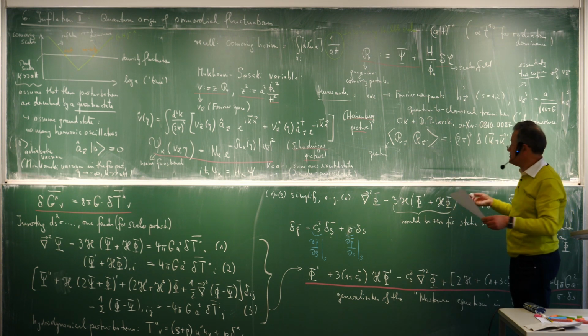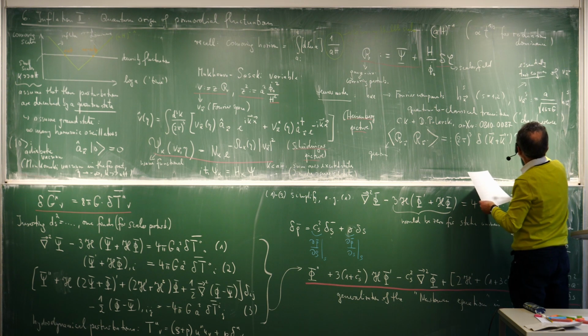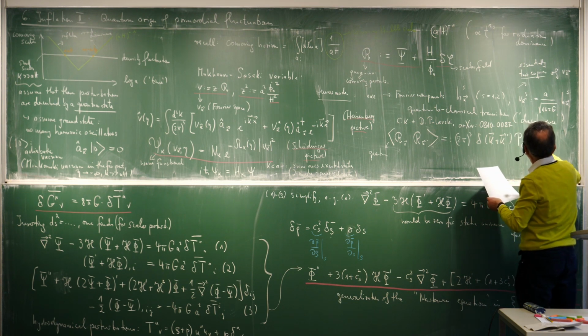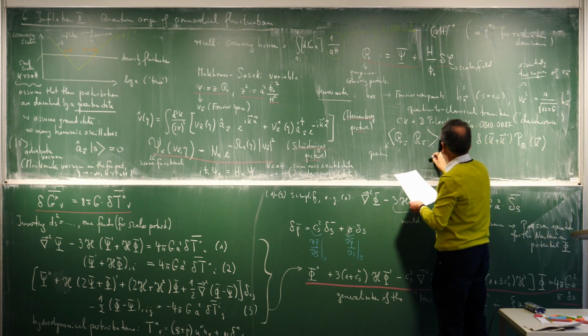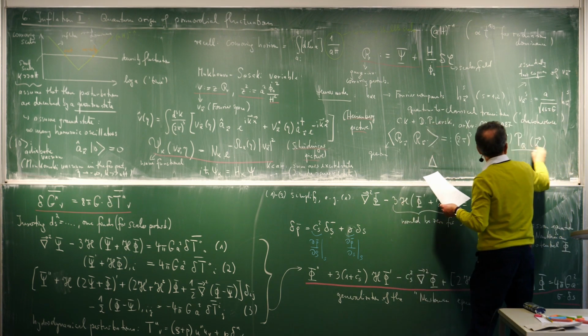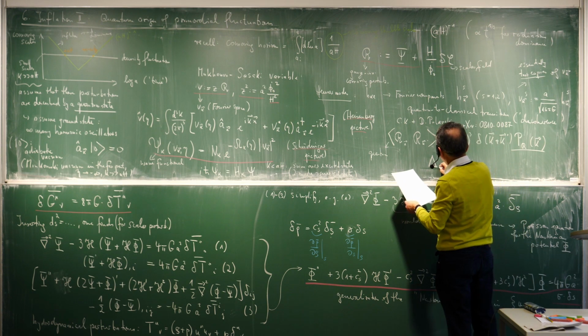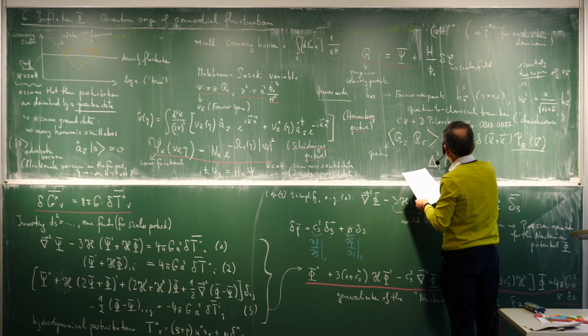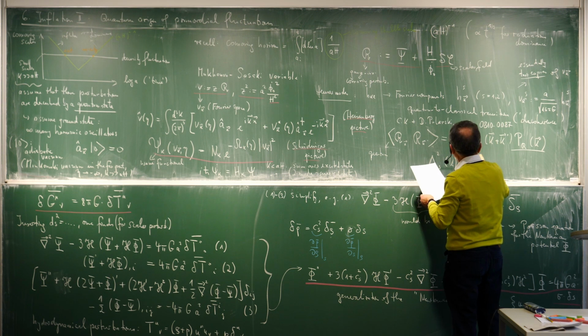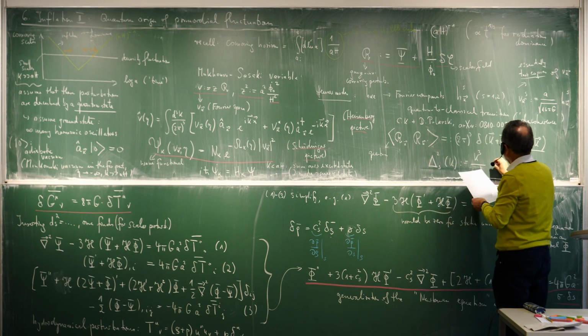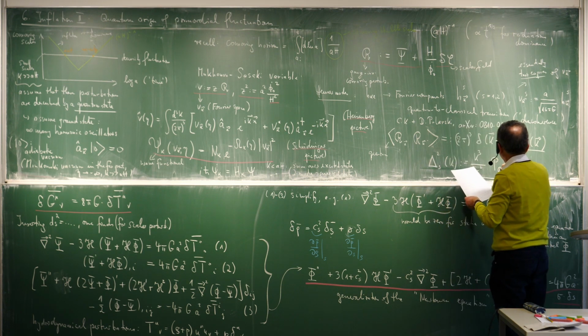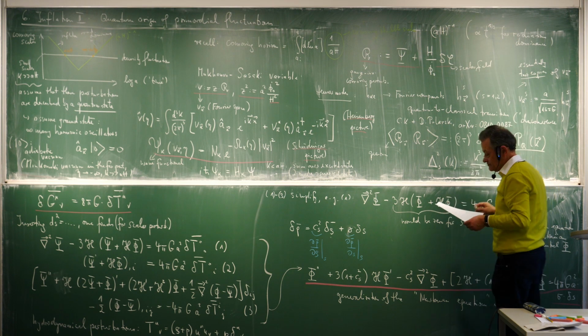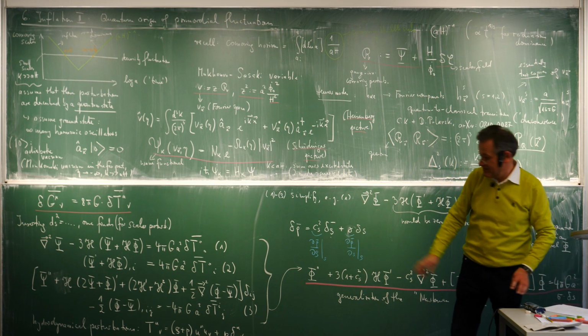If you create pairs from the vacuum, times P_R of k, and we define, okay, this is already the power spectrum, but it's more conventional to use this and separate a factor k cubed from this.